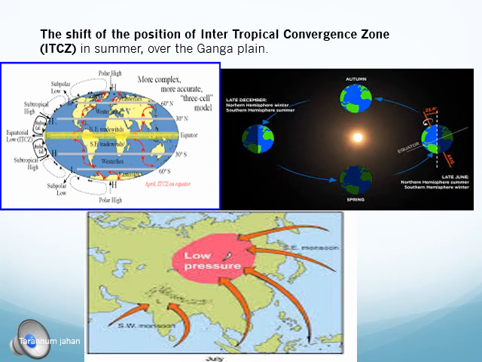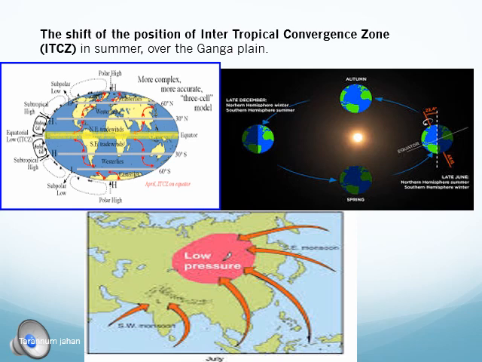So when the earth is revolving around the sun, the solar insolation changes as per the movement of the earth. If you see the image, when the earth was in this position, the sun rays were directly on the equator. But when it started revolving, it changed from the Tropic of Cancer to the Tropic of Capricorn.